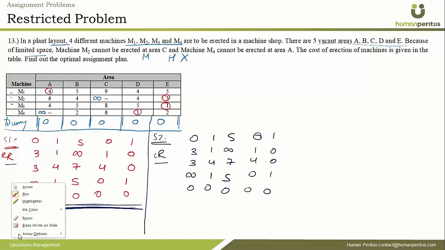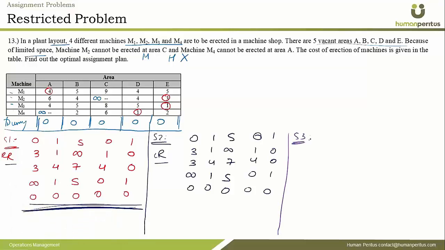Now, what is the third step? The third step is crossing all the zeros by drawing the minimum number of lines. Let me write step 3 here. As you can see, the first row has 2 zeros, so I cannot cross anything.